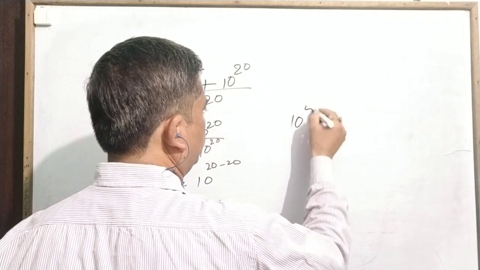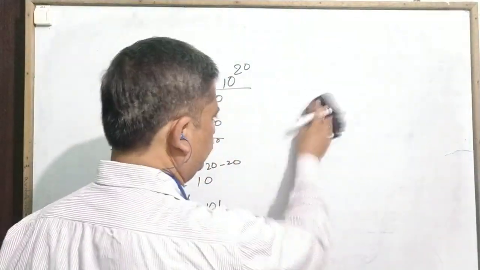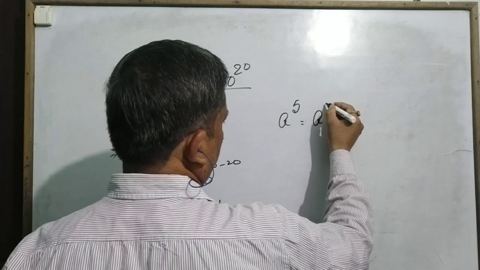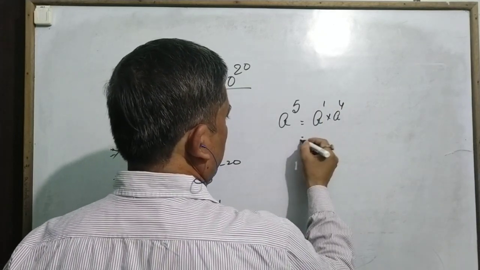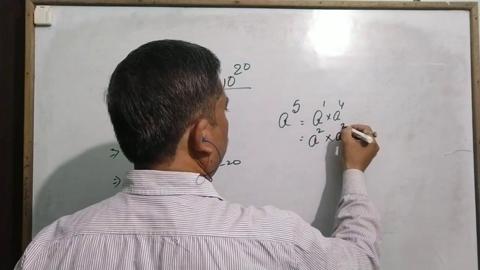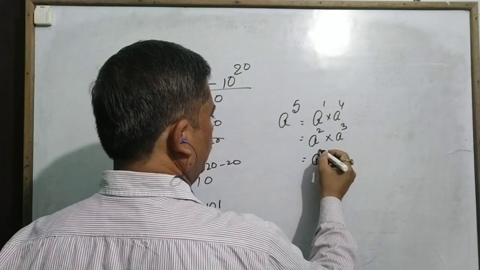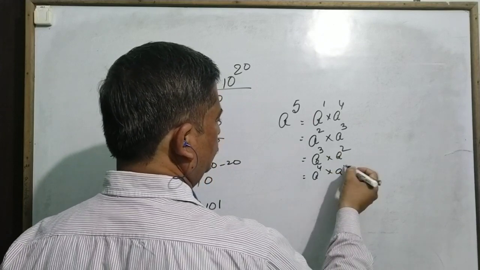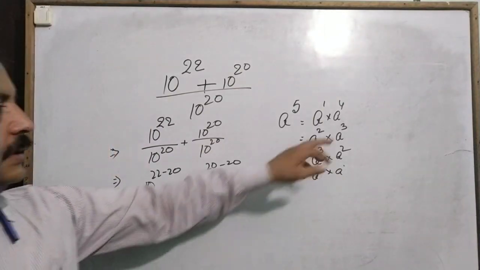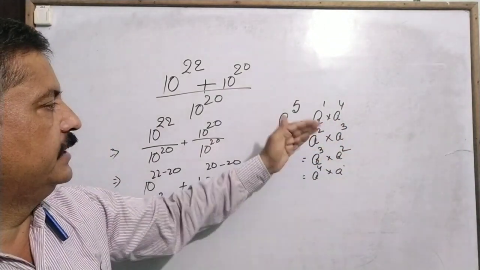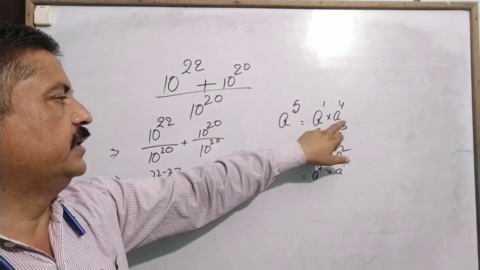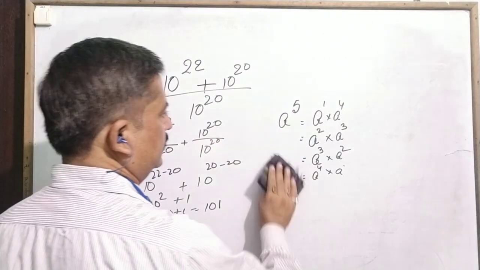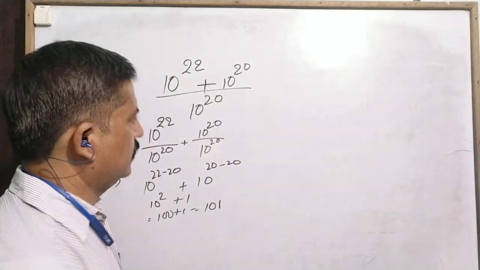If you write 10 to the power 5, or a to the power 5, it can also be written as a to the power 1 into a to the power 4, a to the power 2 into a to the power 3, a to the power 3 into a to the power 2, or a to the power 4 into a. So a to the power 5 can be written in all these ways, and this application is used here also.